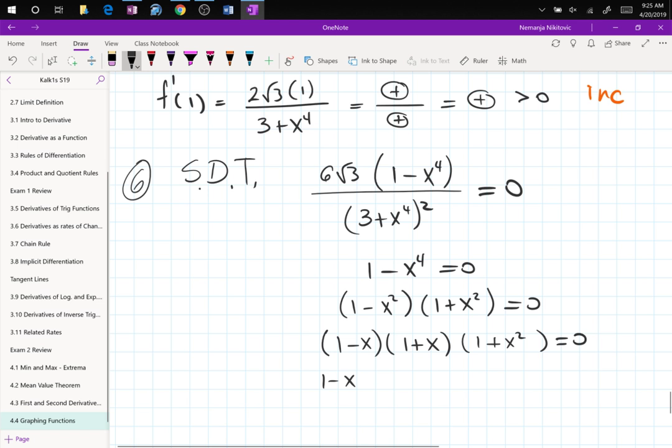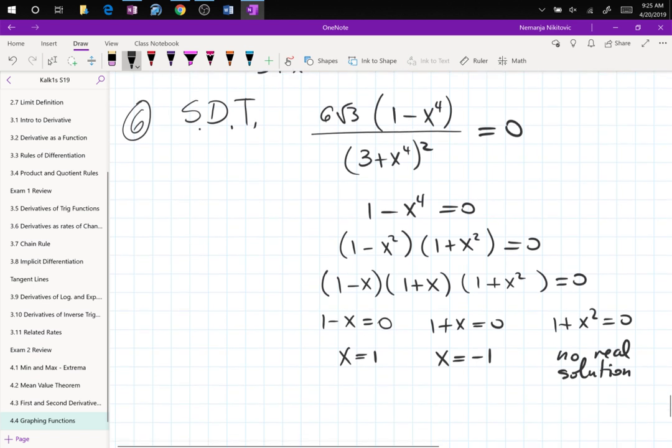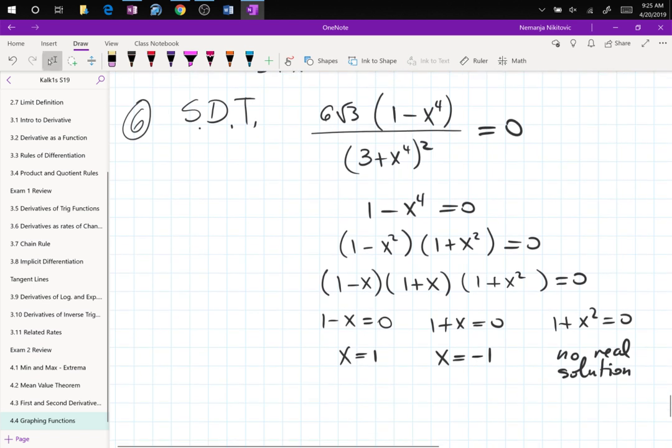So 1 minus x equals 0, x is 1. 1 plus x equals 0, x is negative 1. And 1 plus x squared equals 0 has no real solution, because the answers are complex, right? It's positive, negative i. You know that either from algebra or pre-calc, depending on where you remember it. Now I have two partition points.